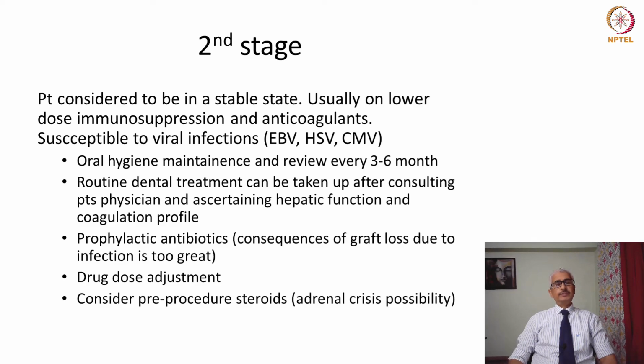Now, as we have seen in other cases, whatever drugs we are giving, we have to adjust the dose, and we have to completely avoid hepatotoxic drugs. Since these patients are on immunosuppression, one of the component drugs of immunosuppression is steroid. Therefore, these patients have adrenocortical suppression, and therefore it is advised to give a double dose of steroid before the procedure.